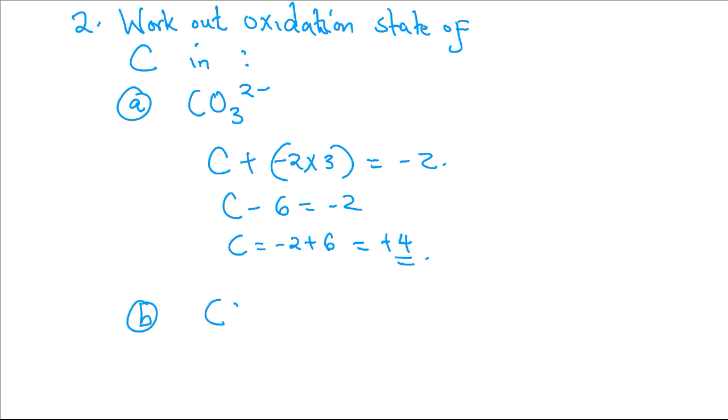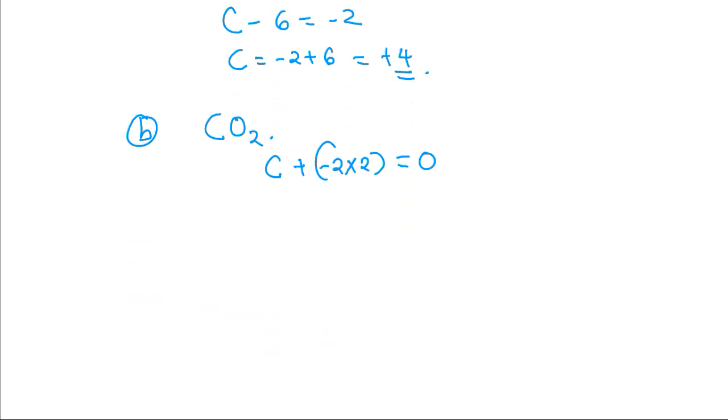Let's see carbon in CO2. That is C plus -2 times 2, and that is a compound. So overall is 0. That will give C - 4 is 0.